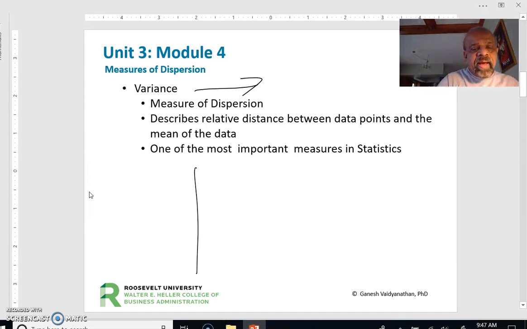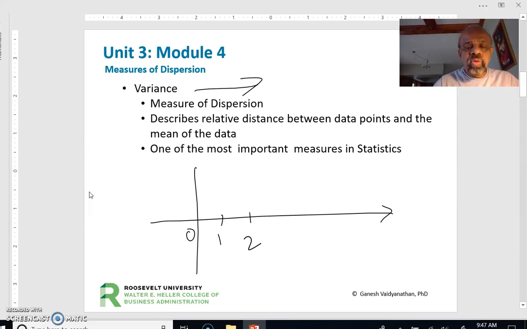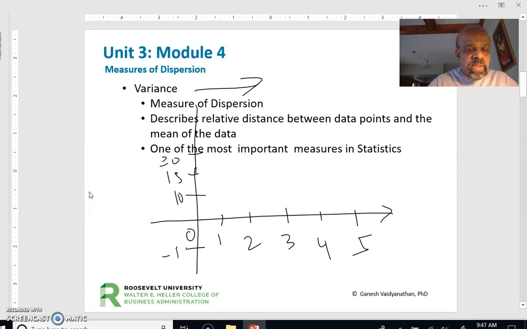For instance, this is 0, and let's say we have 5 observations: 10 seconds, 15 seconds, 30 seconds, and then maybe minus 10 seconds, minus 15 seconds, and minus 20 seconds, whichever way I want to do.